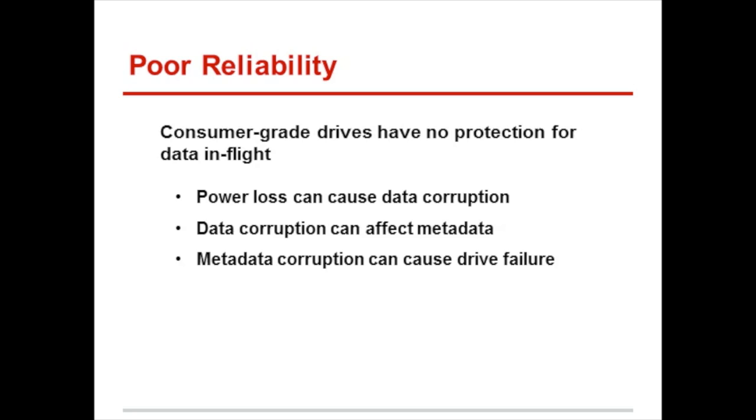That happens because the application thinks that it wrote the data when it actually didn't get written, and that obviously can cause a challenge. This corruption could also impact metadata, which means you could lose the drive mapping and things like that. The whole thing really can lead to a total drive failure. That causes some challenges as you're trying to move into an enterprise environment.